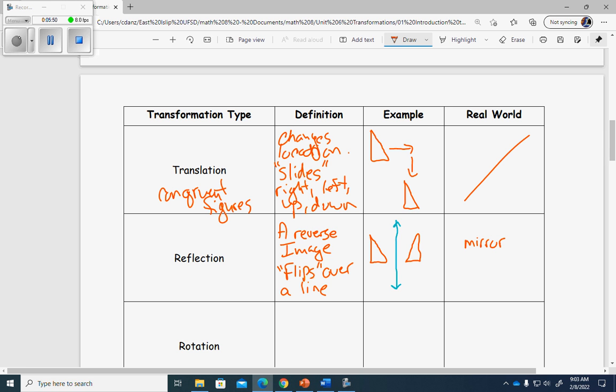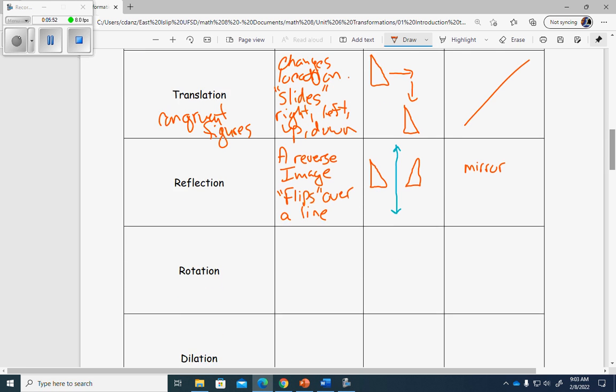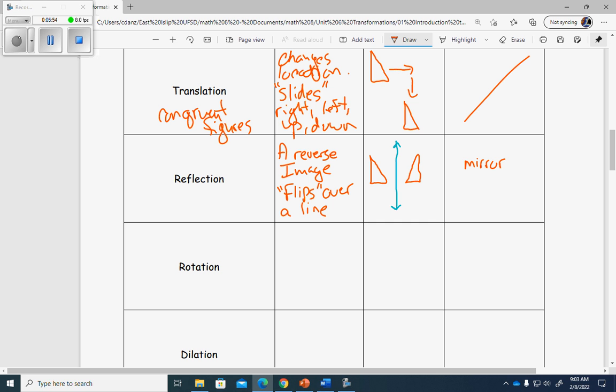A rotation, well, to rotate means to turn. So it is when a figure turns or spins. We're going to be dealing with a certain number of degrees when we turn it.